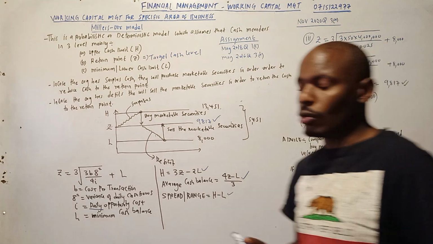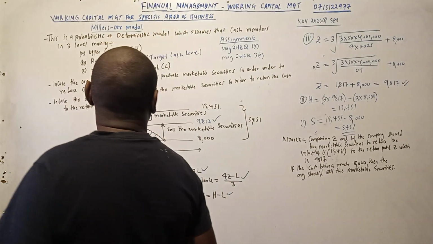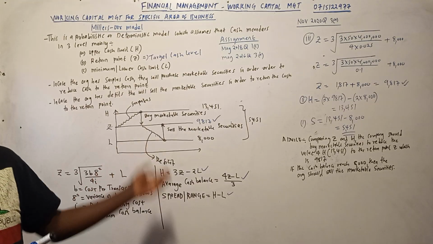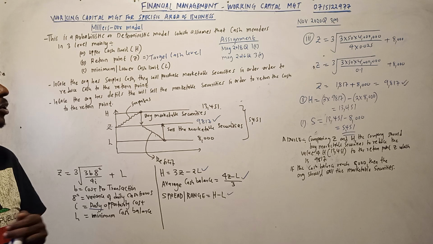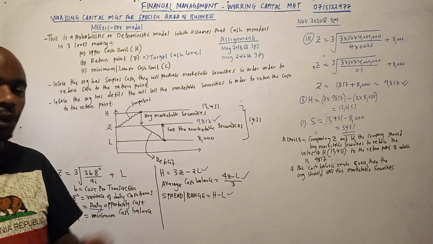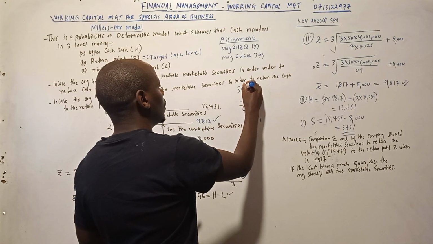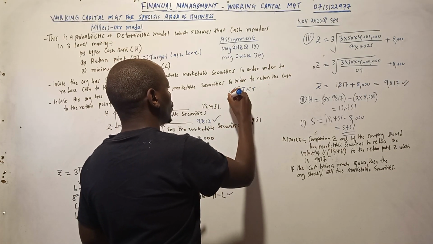So that marks the end of lesson 5 of working capital management. We shall meet and complete the other two. We have two things remaining: management of stock and management of debtors.